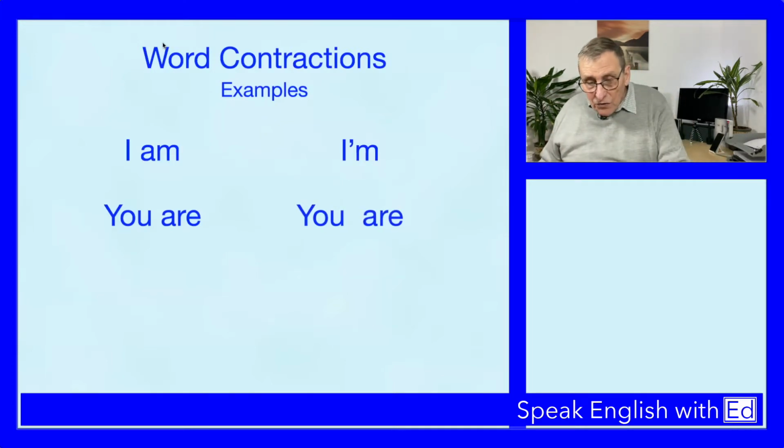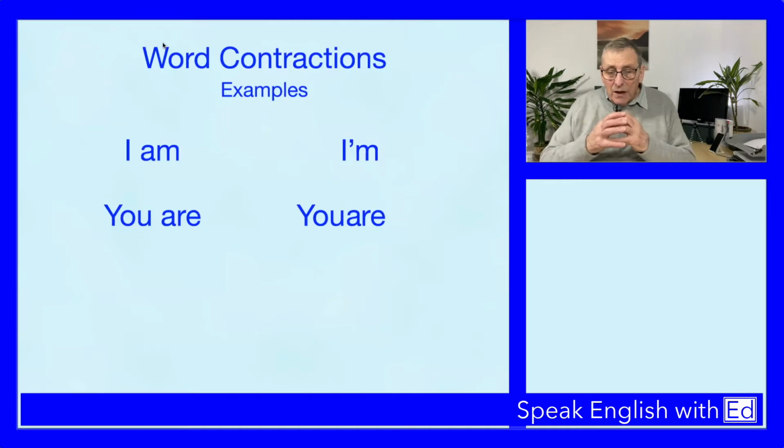We've got to bring them together, but we don't want to say you are. No, we want to get rid of the A. But when we get rid of the A, we've still got to bring it together. So we put an apostrophe in and bring the two words together. So we've got you're.